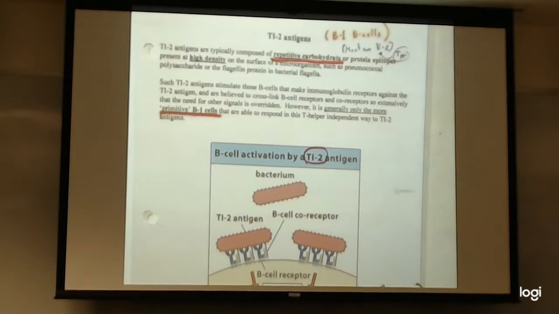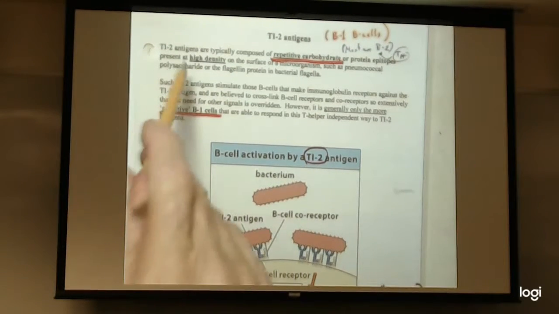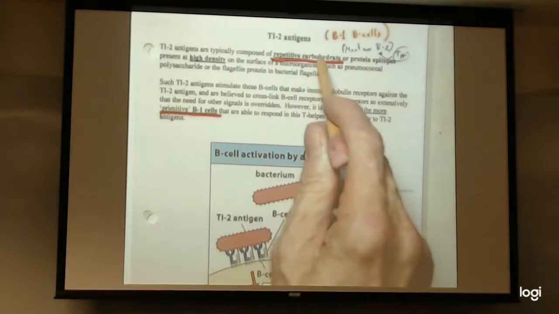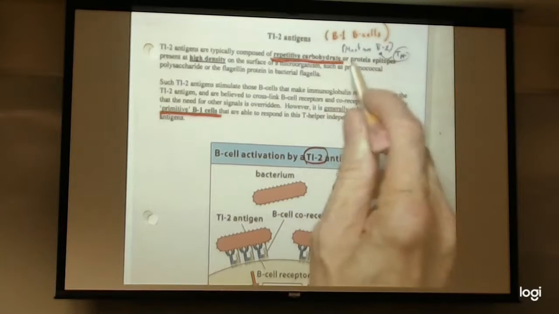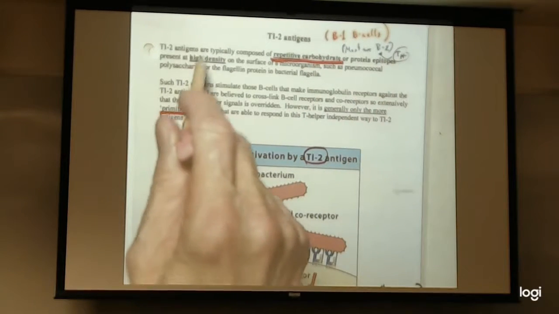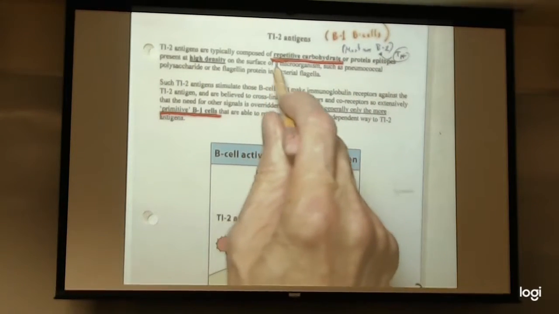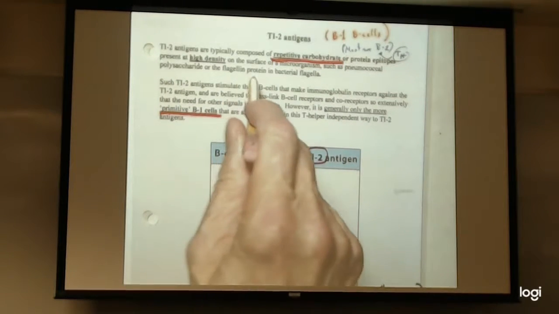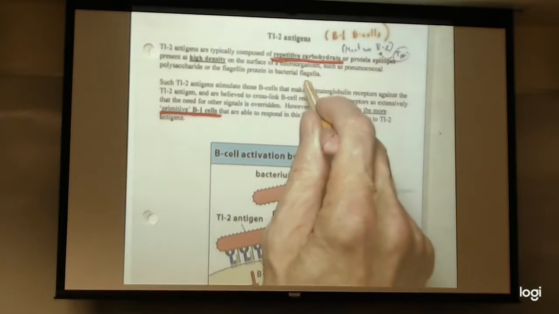Now, this is a little bit like what we began talking about this afternoon. TI2 antigens are typically composed of highly repetitive, closely spaced carbohydrate or protein epitopes at a very high density on the surface of the microorganism, such as pneumococcal polysaccharide or the flagellin protein in bacterial flagellum.